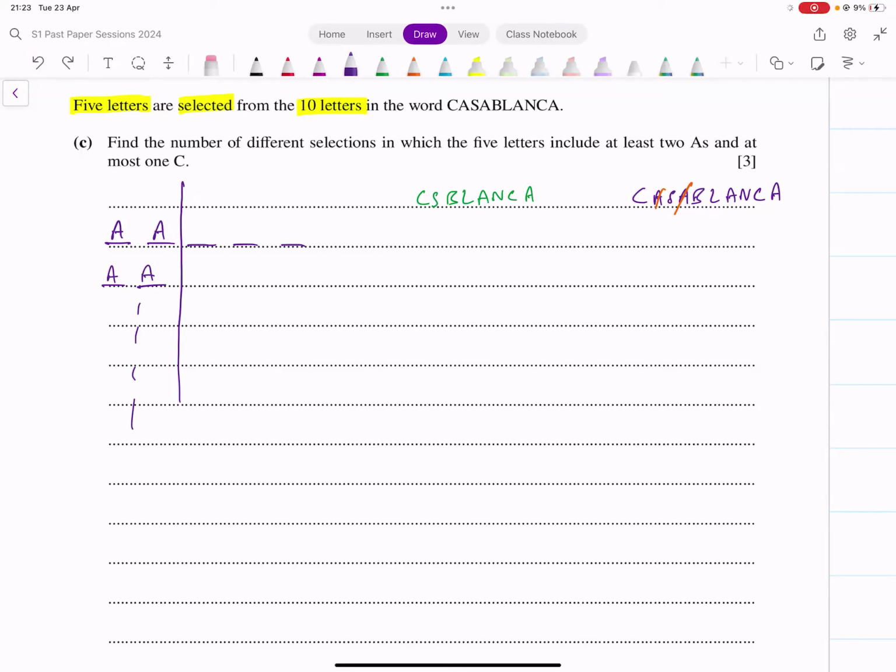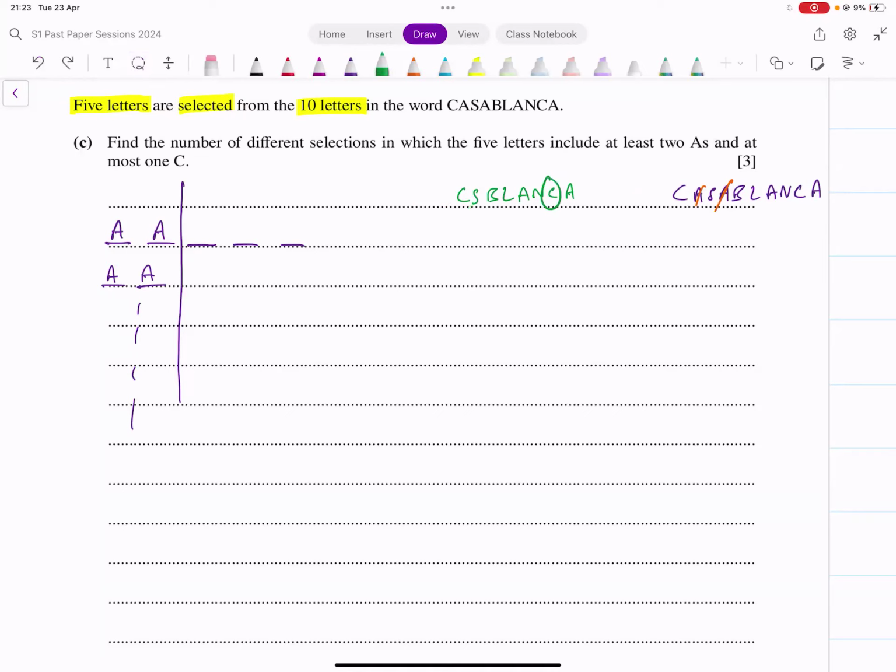Whichever letter is repeated, we've got to make cases for that. C's and A's are repeated. In fact, for C as well, we might not need to make any case because we've got 2 C's.